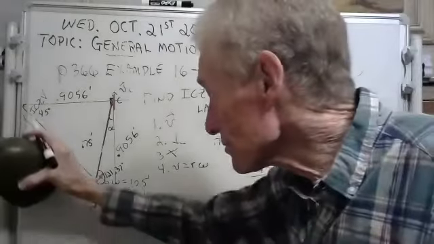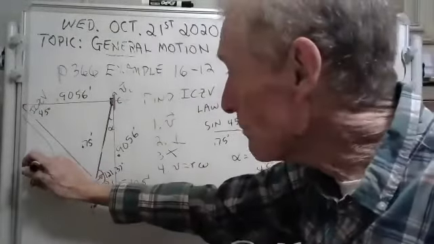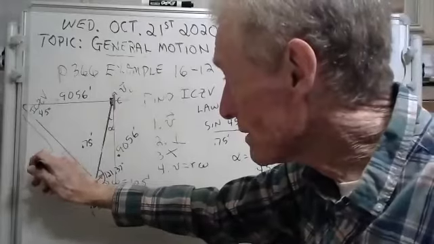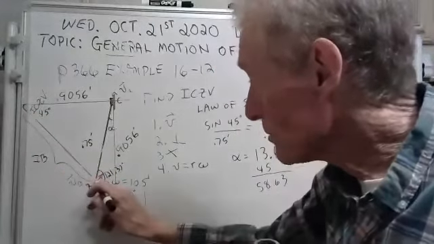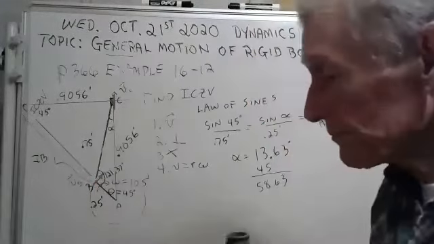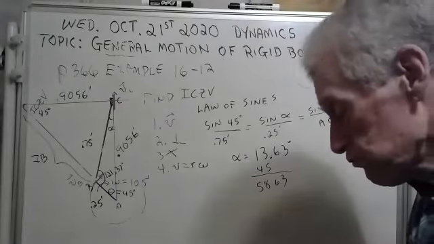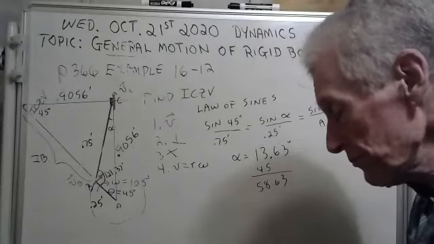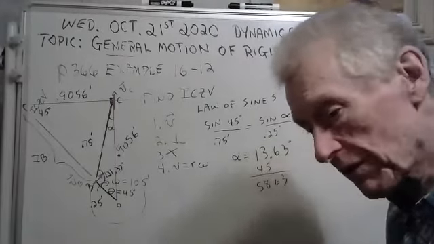Find that distance. We could give it a name. We could call it IB. How's that? From the instantaneous center, I, to point B on the crankshaft. And I'm going to find it right now, and we'll see if we agree. Here we go.